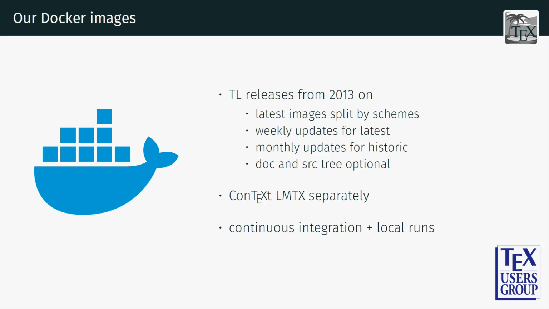The defaults are disk space friendly. We do not include the documentation by default, but we also do not include the source tree by default. If you need one of those two trees of TeX Live, you can request it by just adding a suffix to the Docker name. We try to make it quite self-contained.